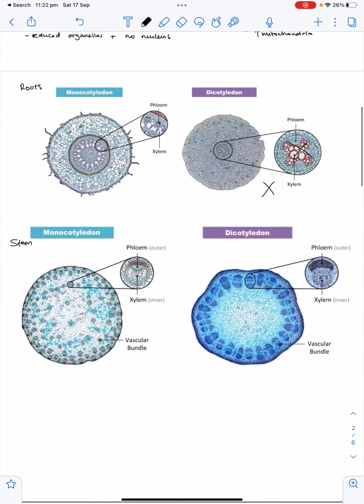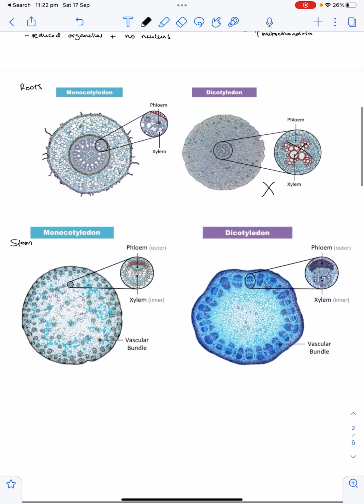A nice way to remember the root dicotyledon is that the xylem forms an X shape, and the xylem and the phloem together, as you may know, are called the vascular bundle. Other than that, this is just something that you need to memorize.